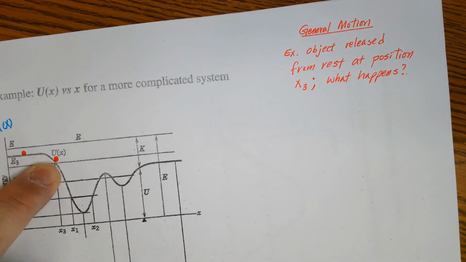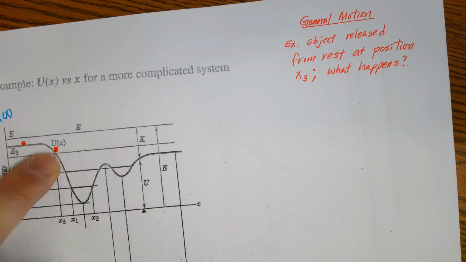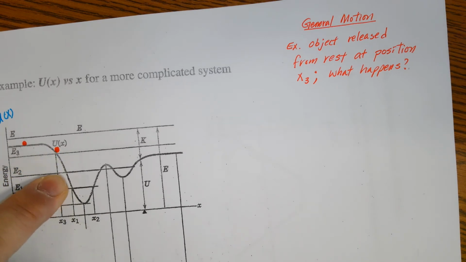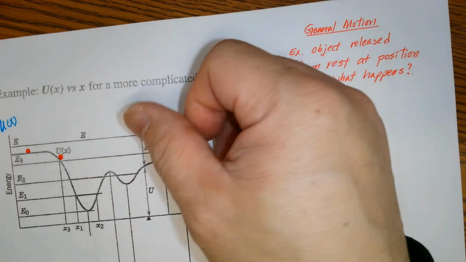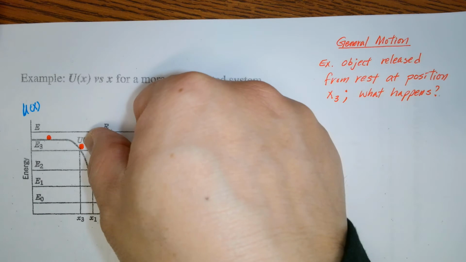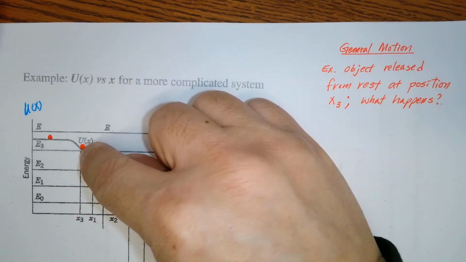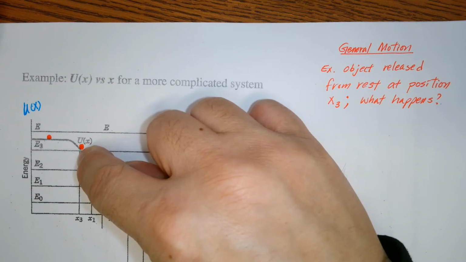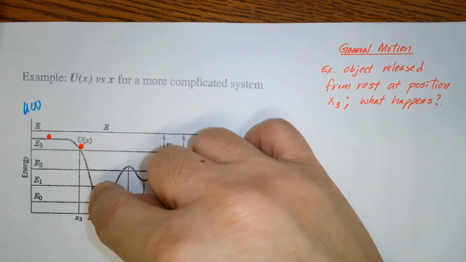What would happen from here to here as it goes from x3 to x1? What should happen to that marble? Well, first of all, is it losing or is it gaining potential energy? What would you say?